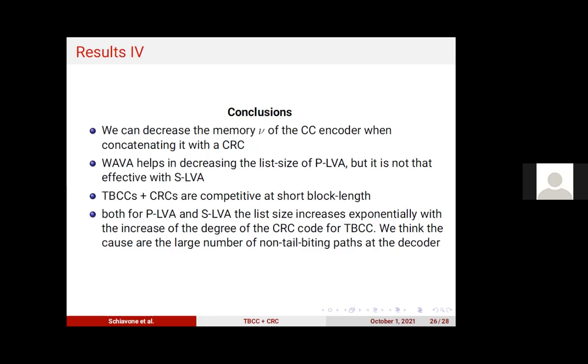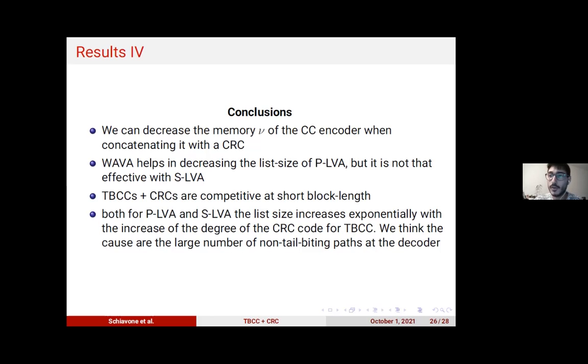Riccardo, have you measured the undetected error probability of these codes? I have some studies on undetected error probabilities, but I have to search for them. If you're interested, I can send you some results.